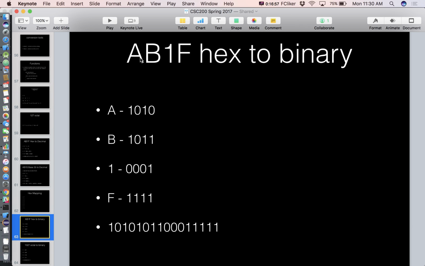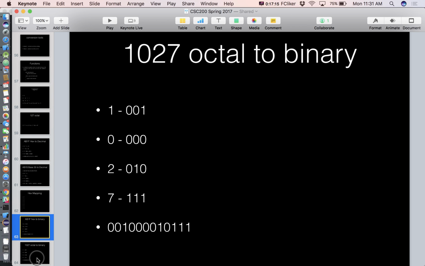A, B, 1F for hexadecimal are all hextets by official standards. Call them whatever you want. I'm never going to ask you the official name of a single character in hexadecimal or decimal. If you want to think about them as digits, that's fine. Doesn't matter. All right? So each of these can be represented as a single 3-bit binary value.